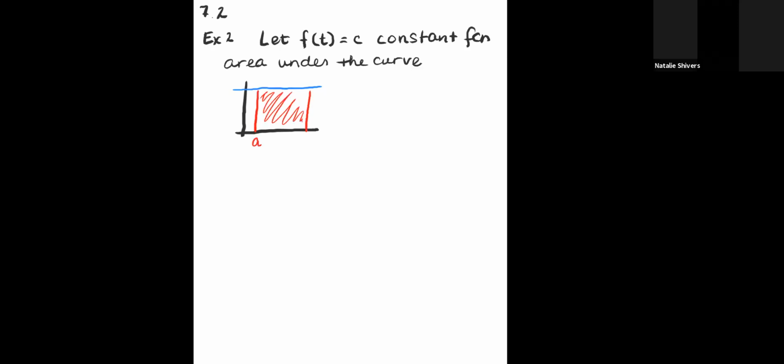Okay, here's A, here's B, here's C. We have some length X in between. Okay, so my height for this rectangle is C. And my width, again, it can adjust, would be B minus A. Okay.